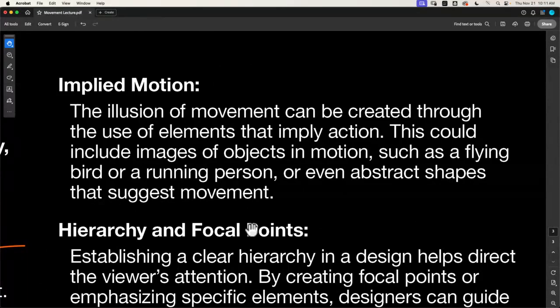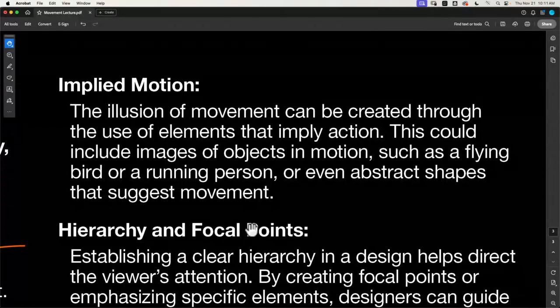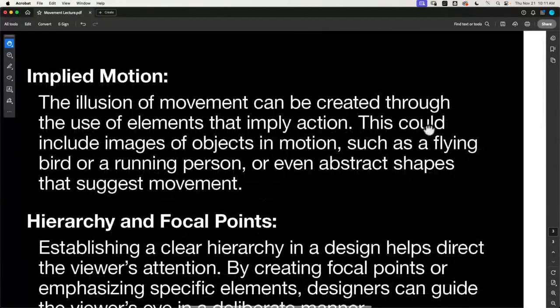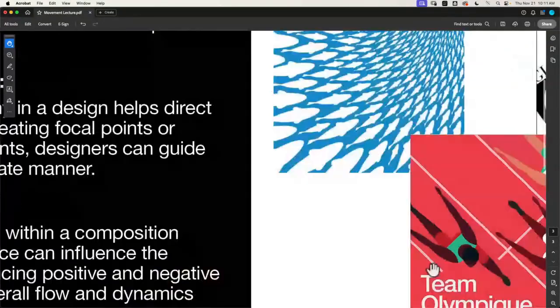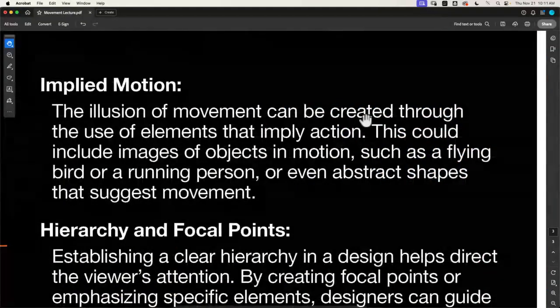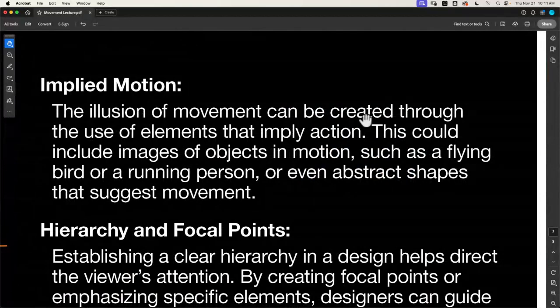Of course, which I said in the beginning, implied motion. And there are some awesome ones over here, like this one. I'm going to come back to it, but that's all I want to say about it. It's so great. It's implied motion. So again, nothing's moving. We don't need to add blur lines.